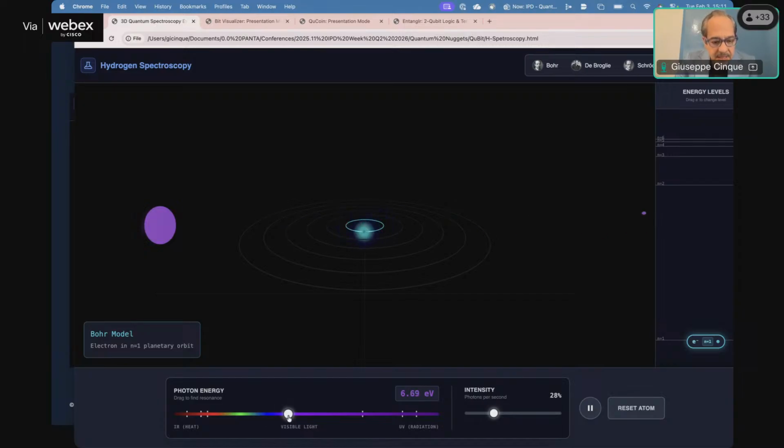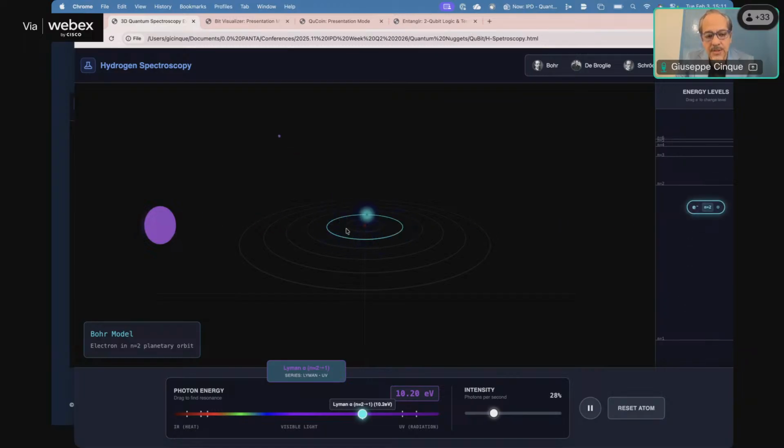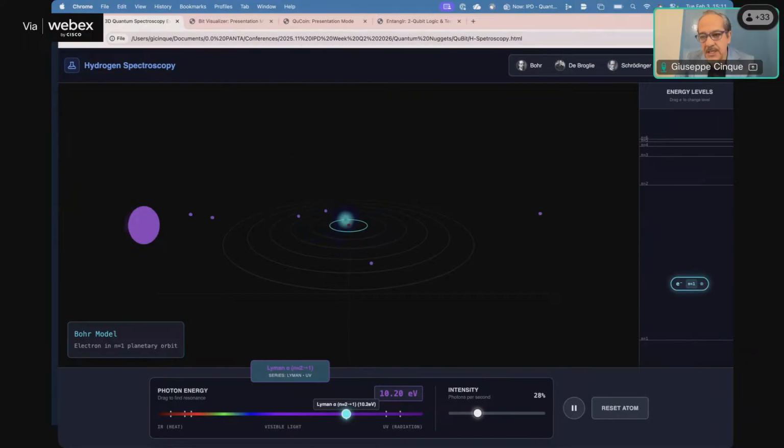If it's in the blue or early ultraviolet, it doesn't produce any effect. But as soon as I get to a specific line of color, you see that the atom can absorb the photon and change its energy state.